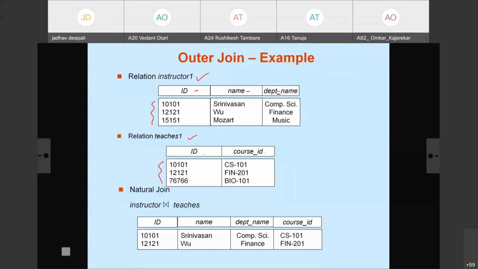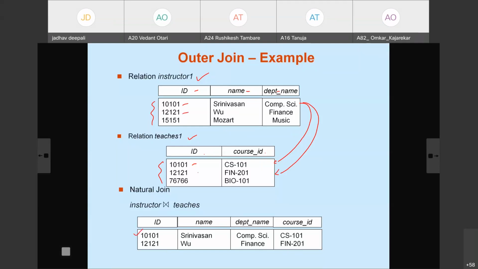So instructor natural join teaches. What is the result? What does the natural join operation perform? It performs the Cartesian product, attaching every tuple of instructor with every tuple of teachers, forcing equality on those attributes which are common in both relations. So this one is equal, so it will be in the result.